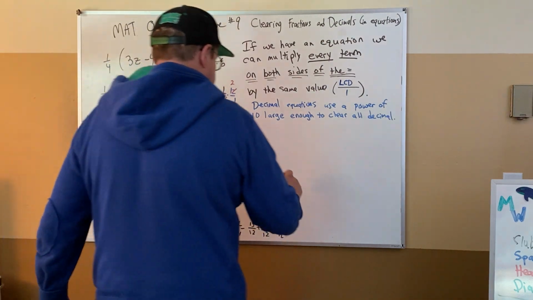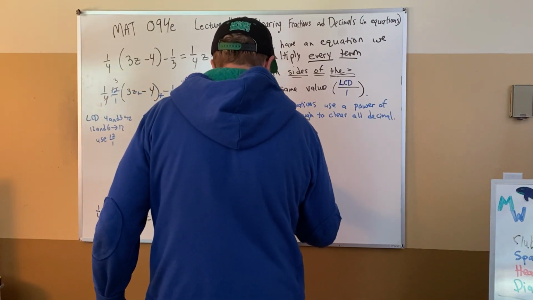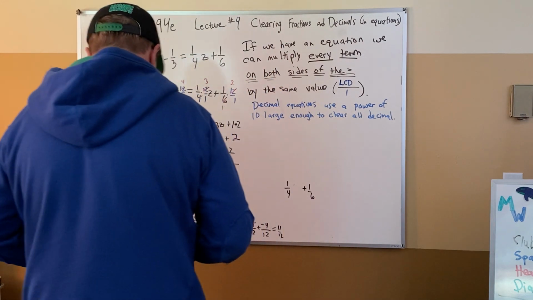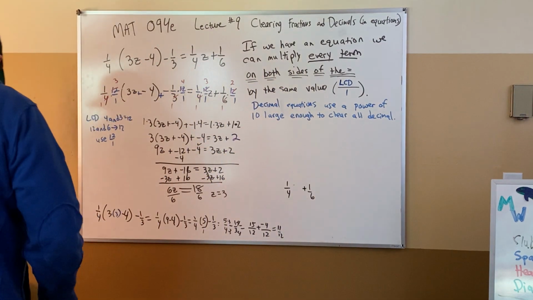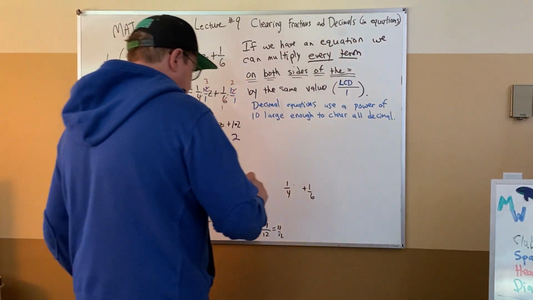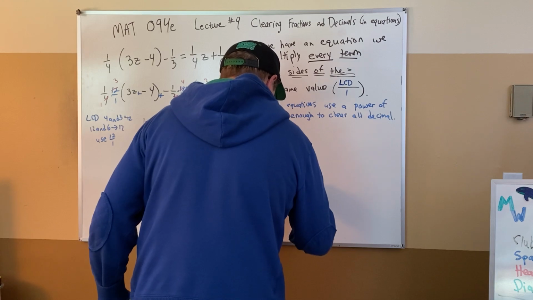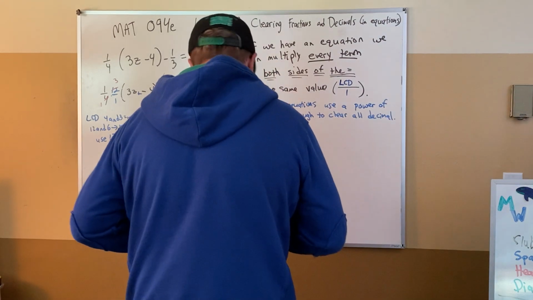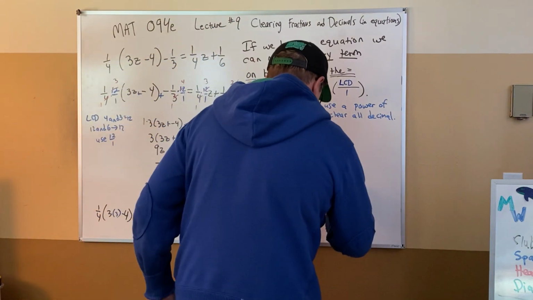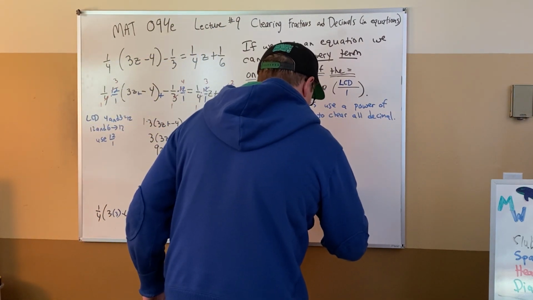And now the other side says that I've got 1/4 times my number plus 1/6. And my number wants to go in as 3. 3 over 1, good. 3/4 plus 1/6.